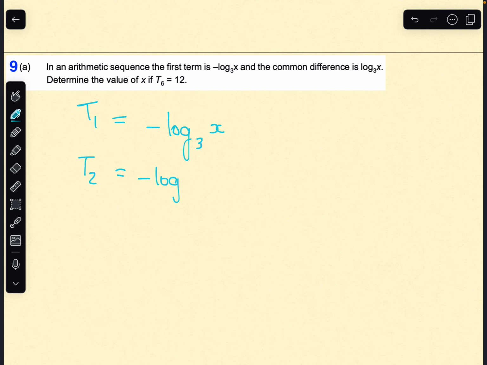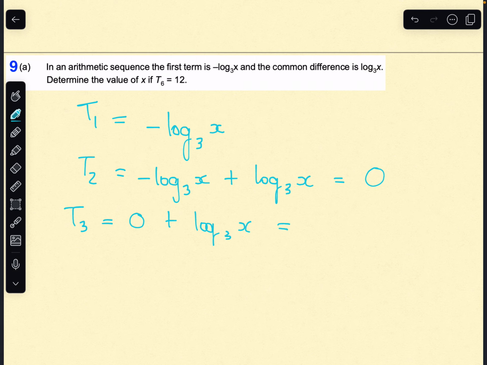So the second term is then negative log base 3 of x plus the common difference, which is then going to just be 0, right? And then the third term will be 0 plus the common difference.